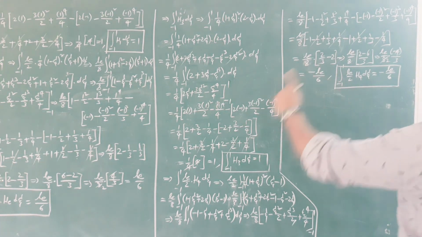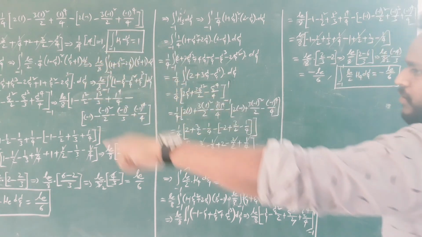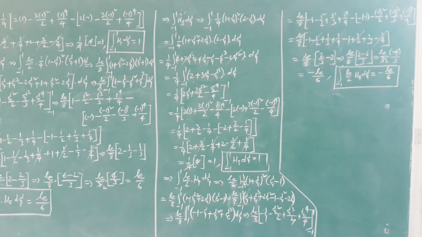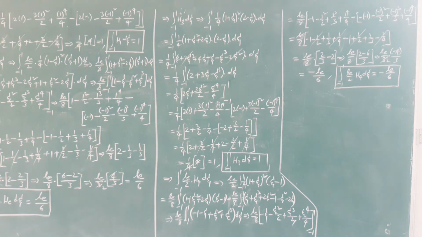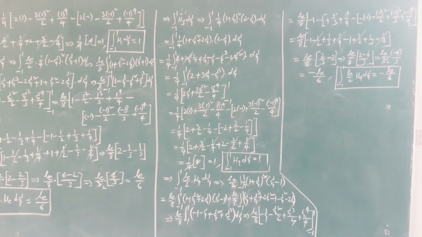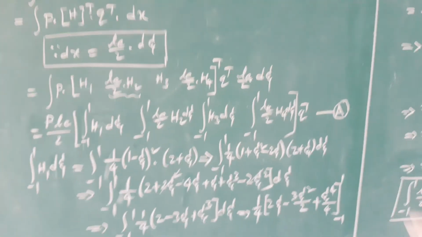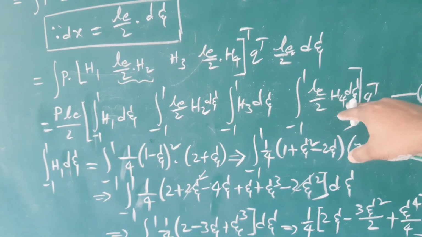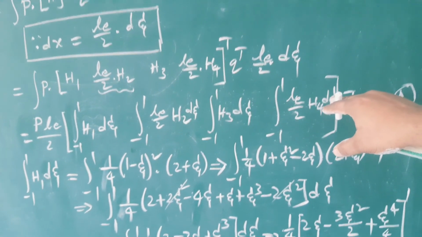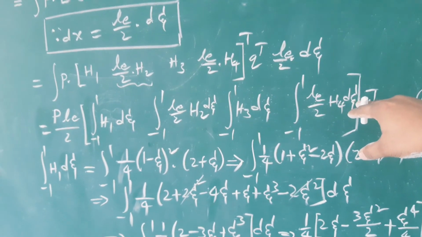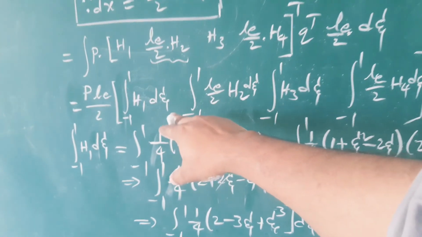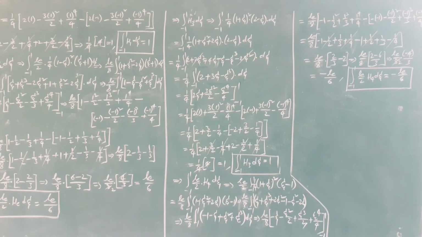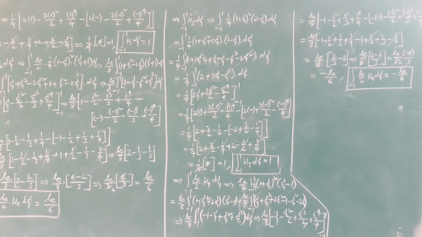Substitute all these values in the equation. I will show you this equation. In this equation, substitute all those values, and we will get the force vector easily. We got this term, this term, this term and this term. Now substitute all those values.